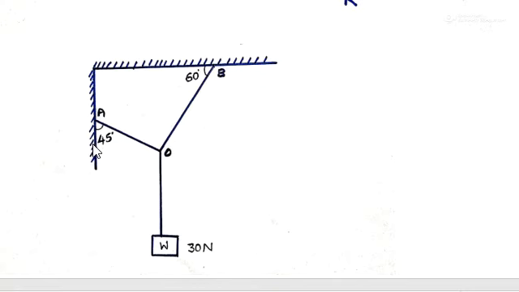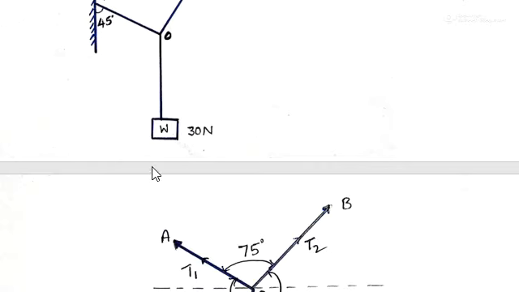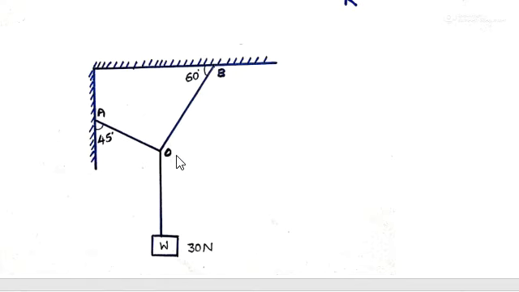Here also it is 60. And if it is 45, if you draw a line here, this becomes 90 and the remaining angle is 45, because that forms a triangle, and the total angle in a triangle is 180.